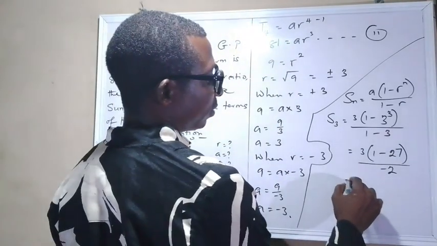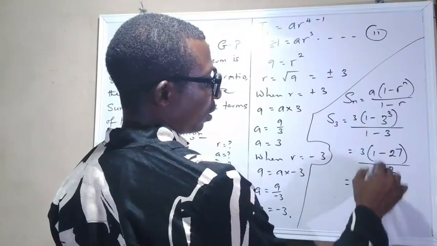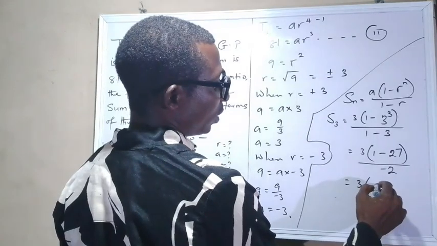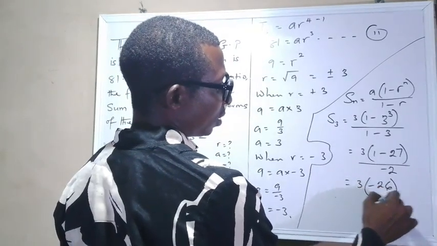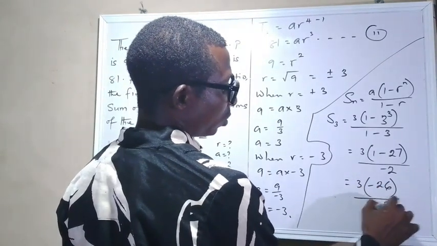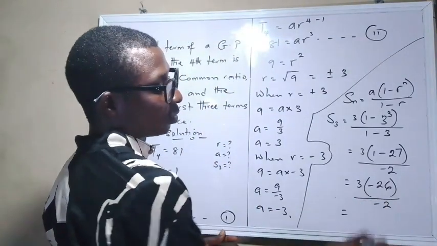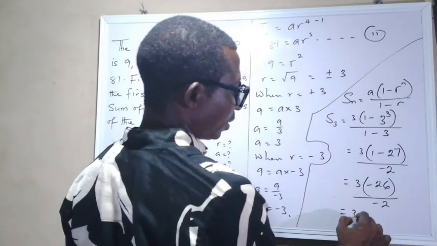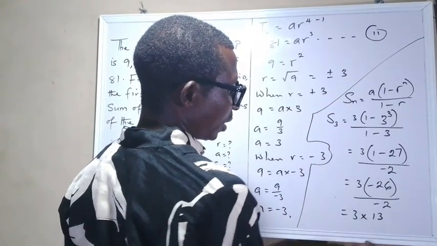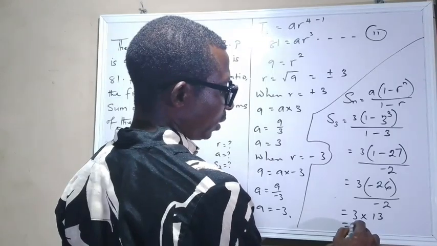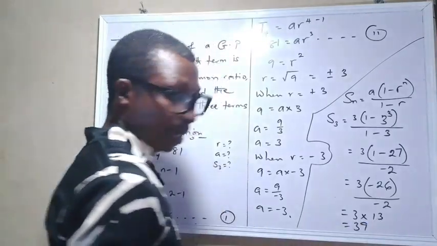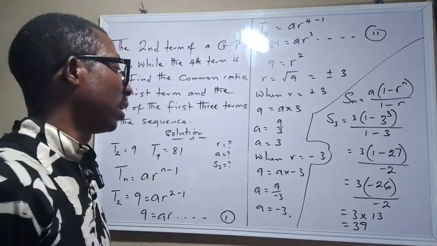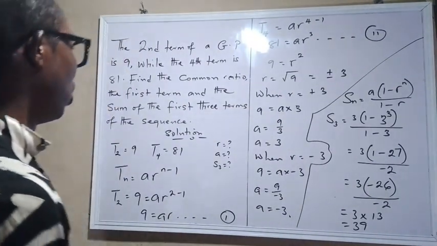So we have 3 times minus 26 over minus 2. Minus cancels minus, so 2 goes in 26, that's 13. We have 3 times 13, and that's going to give you 39. So that is when A is 3 and R is also 3.